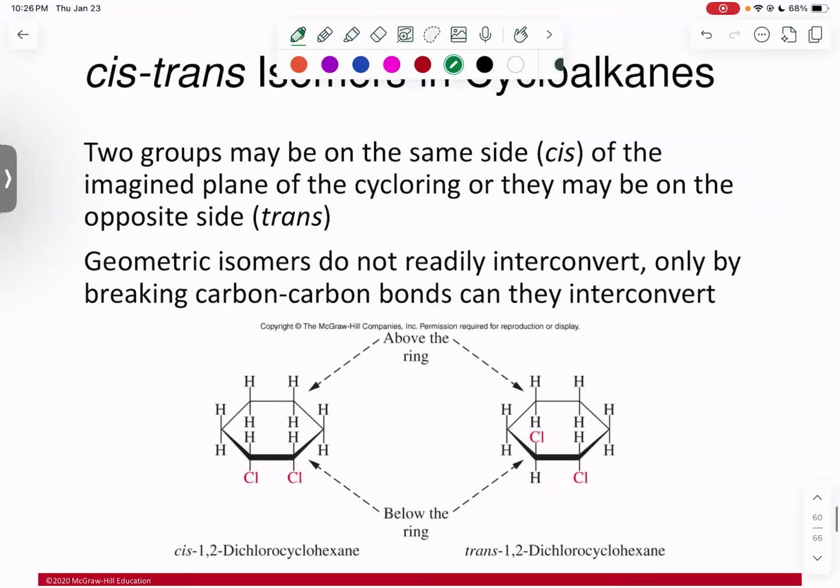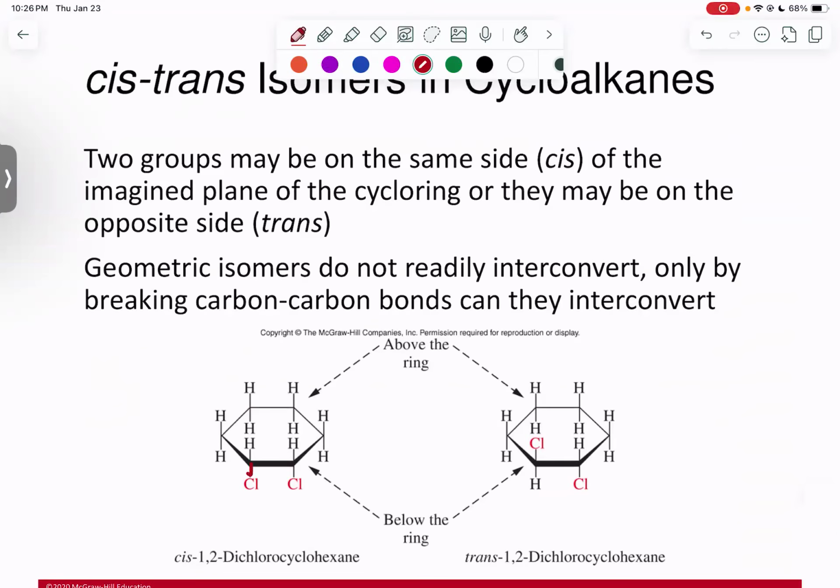And so when we look at these, here's kind of an example where we have 2 rings. And in this case, we've put our 2 chlorines. We have 2 substituent chlorines, and they're both going basically below the ring. So if we have the chlorines facing down and they're both going in the same direction, I could flip this molecule and these 2 would be exactly the same.